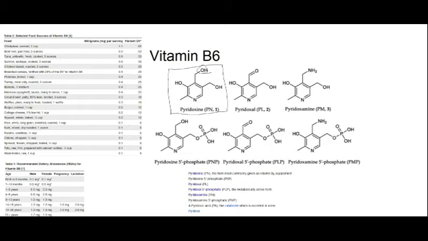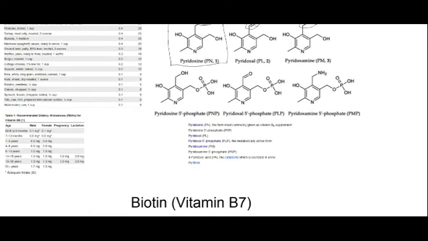This is different here. This is an oxidized version of this one, and then this has this primary amine group on there. But otherwise, they're all very similar. These are just the same things, but they are phosphorylated on this oxygen here.